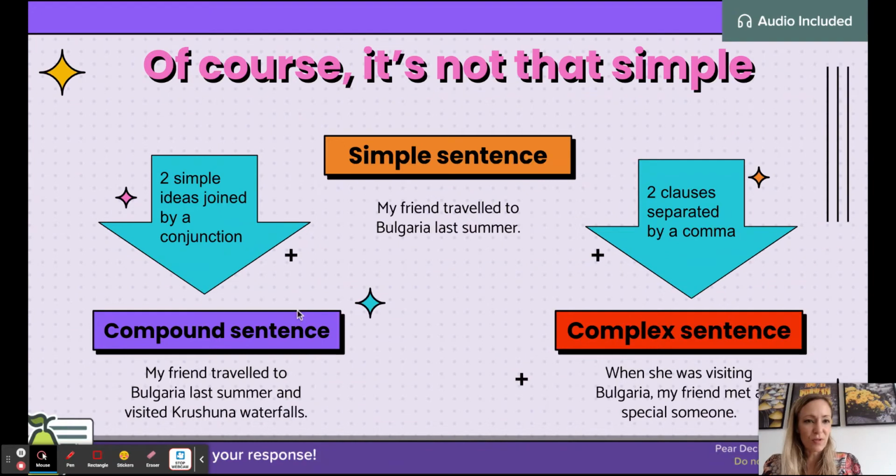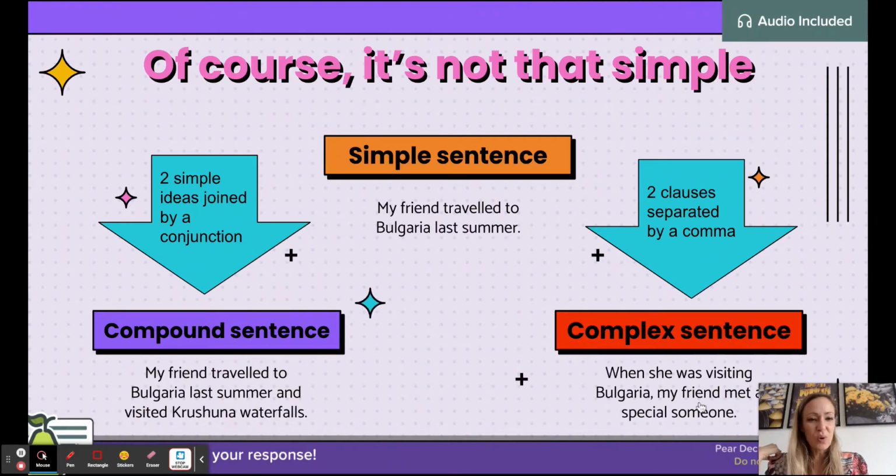So here's an example of a complex sentence. Same thematic idea as the previous sentences. So when she was visiting Bulgaria, that would be the dependent clause. That actually isn't a complete sentence on its own. So when she was visiting Bulgaria, my friend met a special someone.